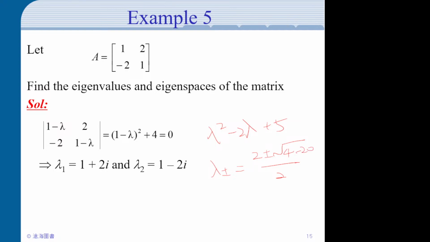Everything can be divided by 2, so it's plus or minus the square root of minus 16, and so it's 1 plus or minus 2i. Now we know we have complex values here. So our two eigenvalues are 1 plus 2i and 1 minus 2i.